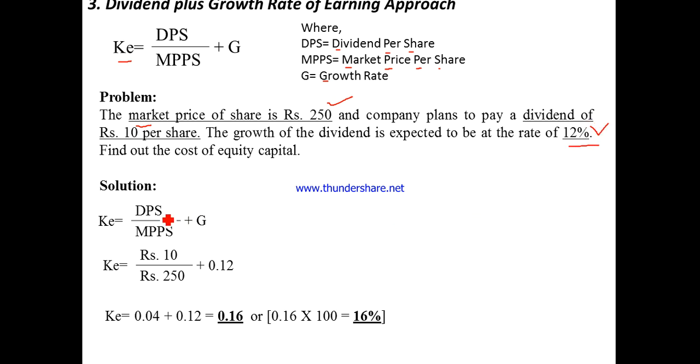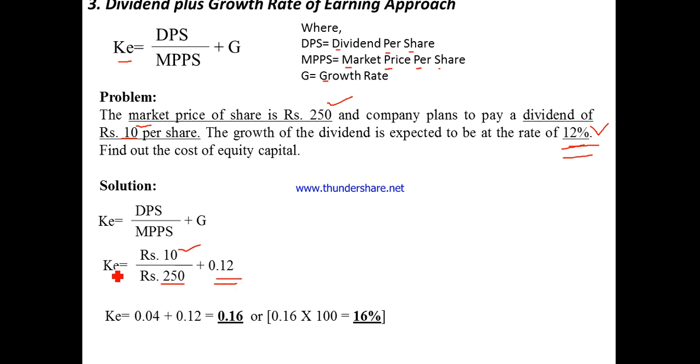Now the DPS is given in the problem, that is 10. The market price of the share is 250. The growth rate is 12%, given as a percent, so 12 divided by 100 becomes 0.12.